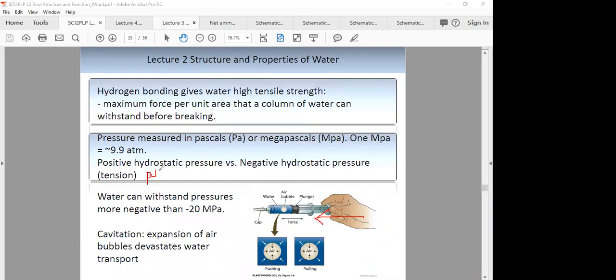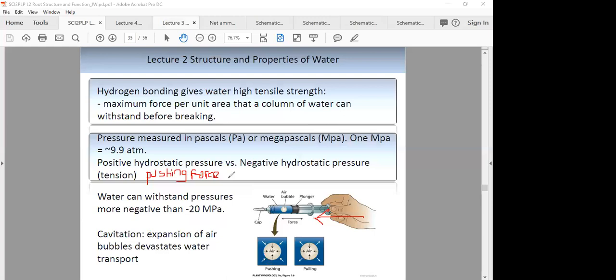Now, I want you to tell me, where do we find positive hydrostatic pressure in the plant? What part of the plant? Pushing force. Oh, yeah. Roots, absolutely correct. So the roots are under positive hydrostatic pressure, pushing force.